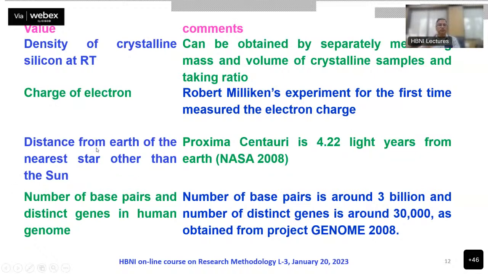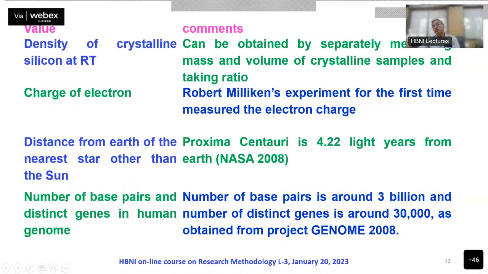Similarly, the distance from the Earth of the nearest star other than the Sun, like Proxima Centauri, which is 4.22 light years from Earth. So you see, the 4.22, somebody must have measured it. NASA, in fact, did it in 2008. I don't have the plus minus, but definitely there may be a plus minus. But I believe that these are very precisely measured.